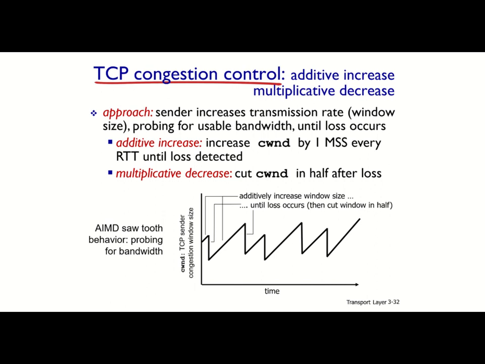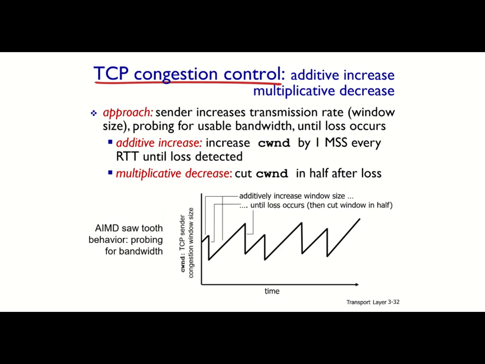So we increase the CWND congestion window gradually in a linear manner until a loss is detected.